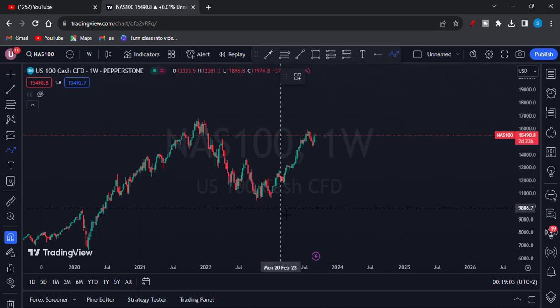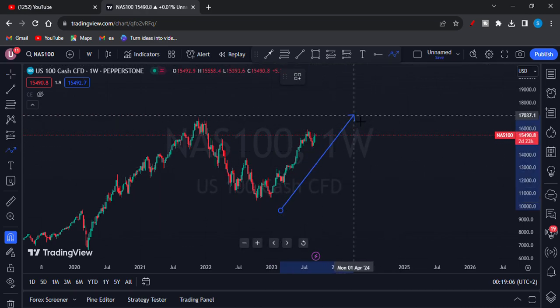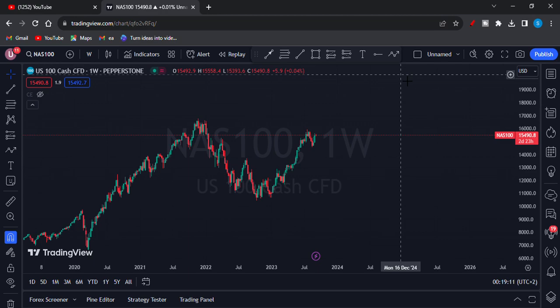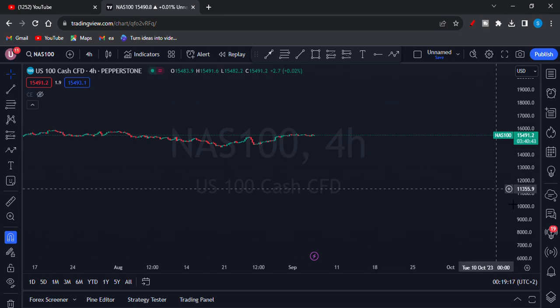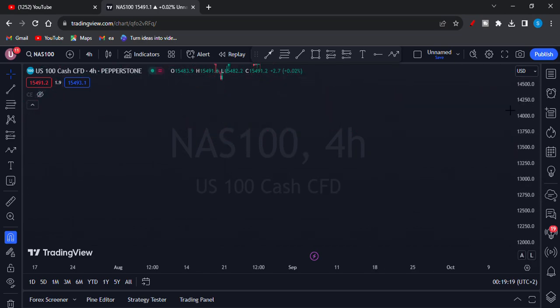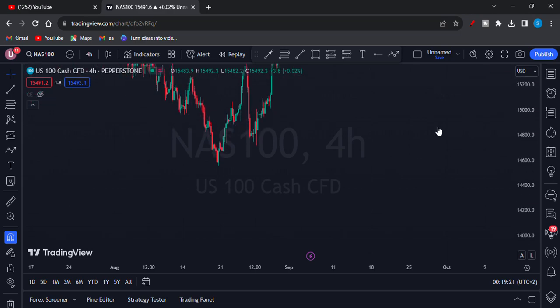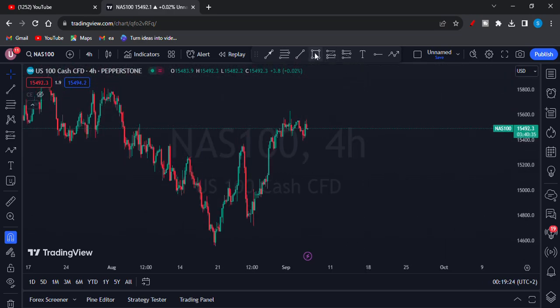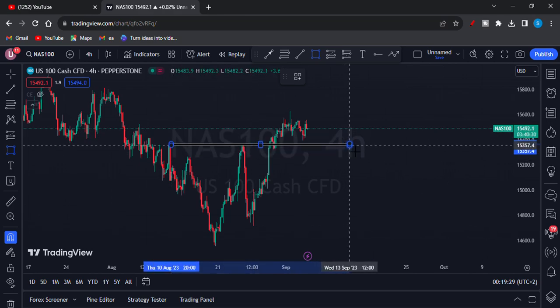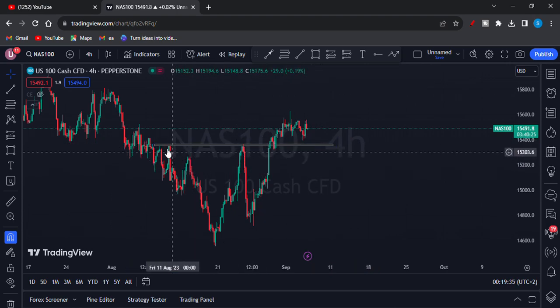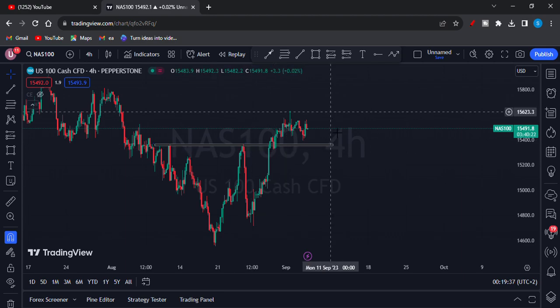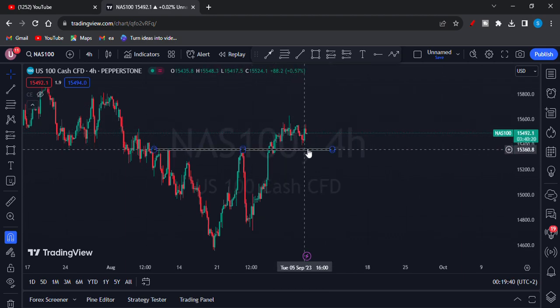So let's analyze Nasdaq. On a weekly, we are on an uptrend, and then let's go to our 4-hour and find our zones. On a 4-hour, we had this zone right here, around here being a resistance, and it seems like the market tried to come around these levels.